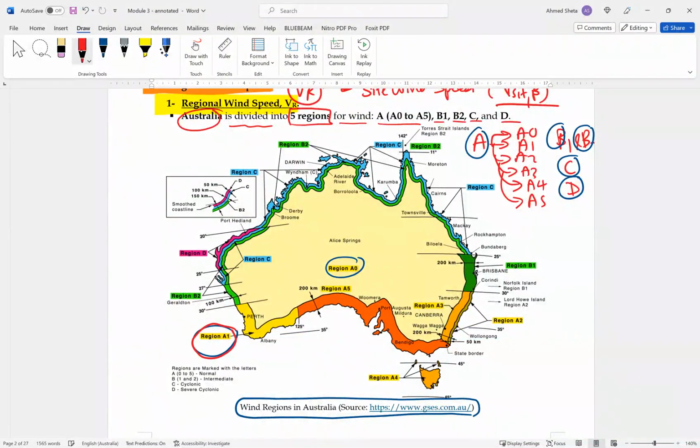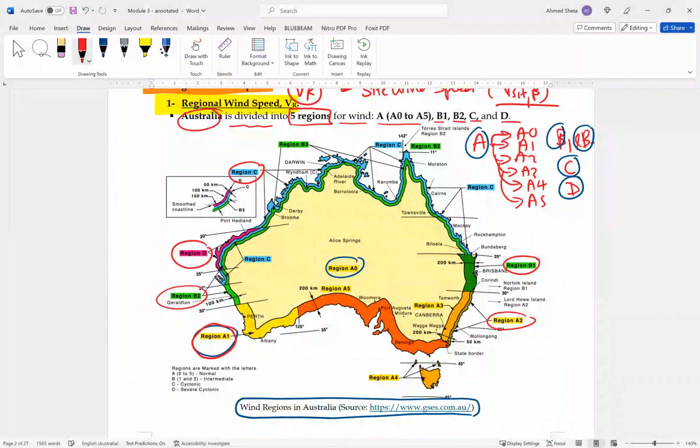Okay, here the light green is B2, the purple, or dark pink, is region D. The sky blue is region C. Here the dark green is B1, and the gold is A2.